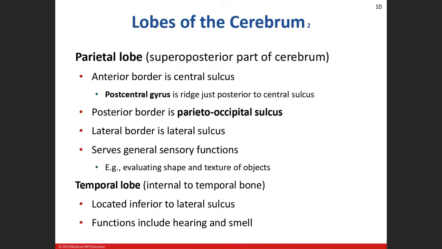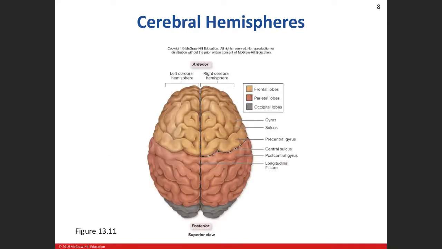The parietal lobe is right behind the frontal lobe, on the superior portion, so it's going to be superior posterior to the cerebrum. Its anterior border is going to be that central sulcus. Just behind it here, what I'm shading in, this is the postcentral gyrus. It's just posterior, just behind the central sulcus there.